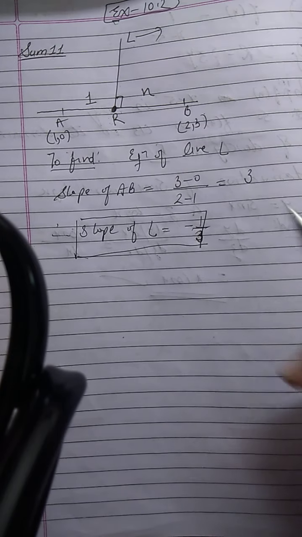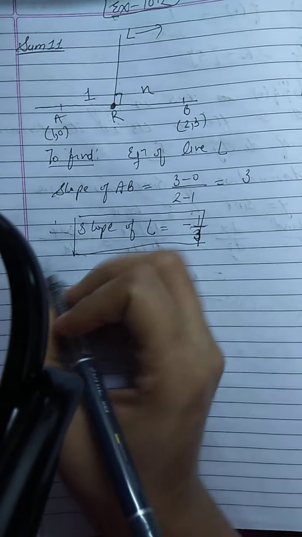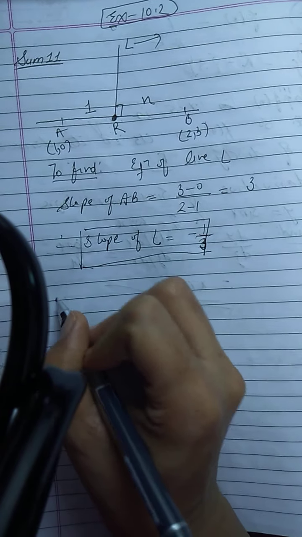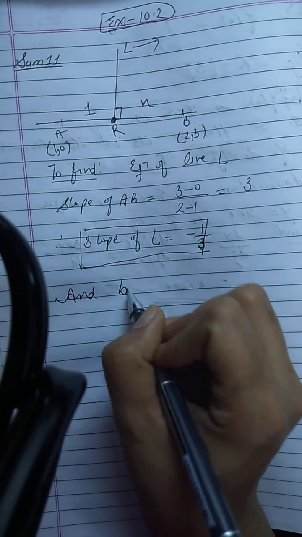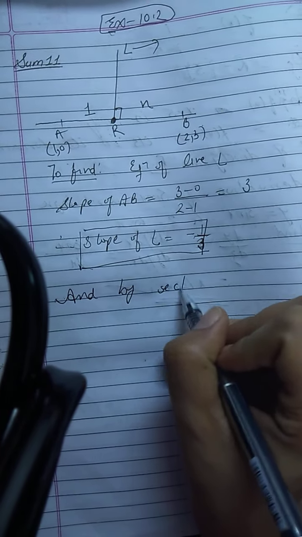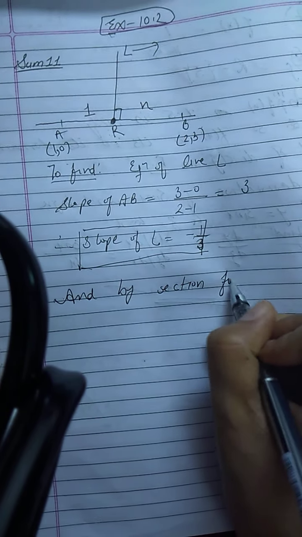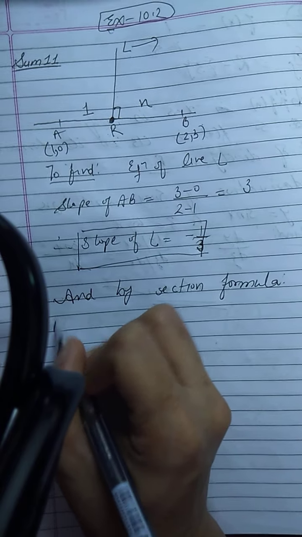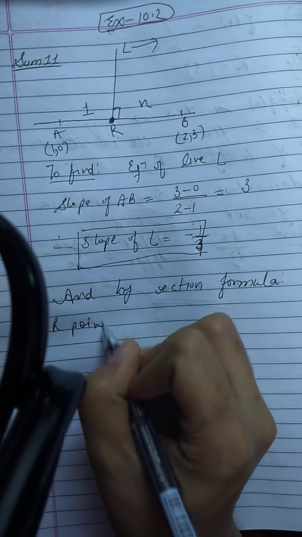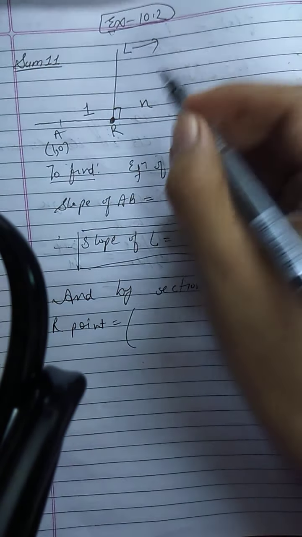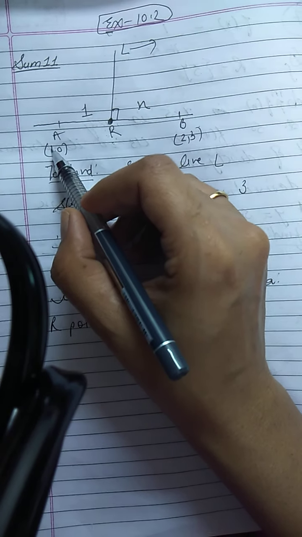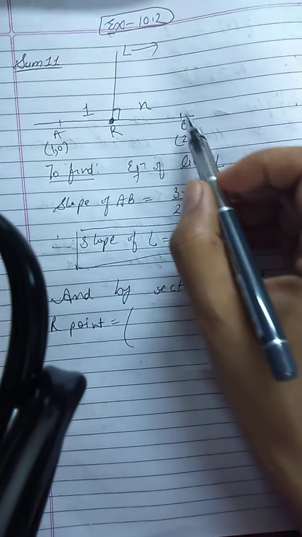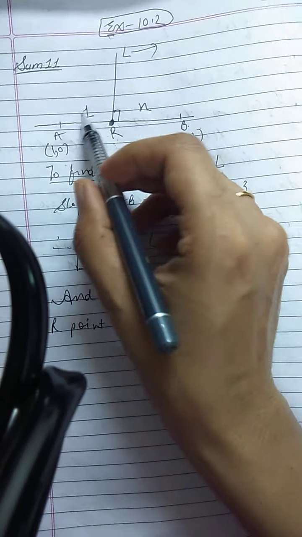And now let us calculate the coordinates of R. Okay, and we will write down by the section formula, R point. When we apply the section formula, n multiplied by the coordinate of A plus 1 multiplied by the coordinate of B, divided by the sum of the ratio.